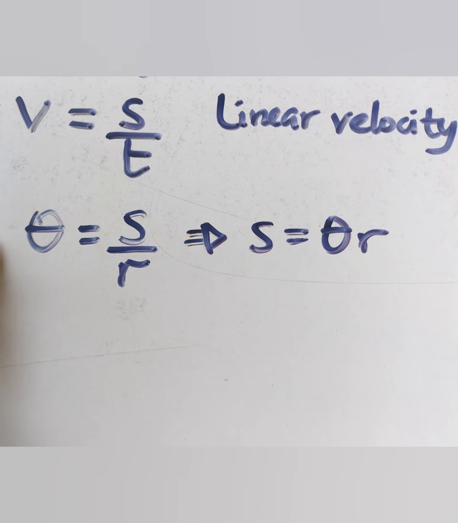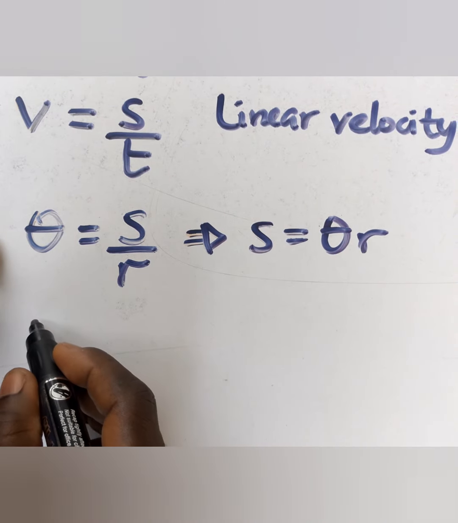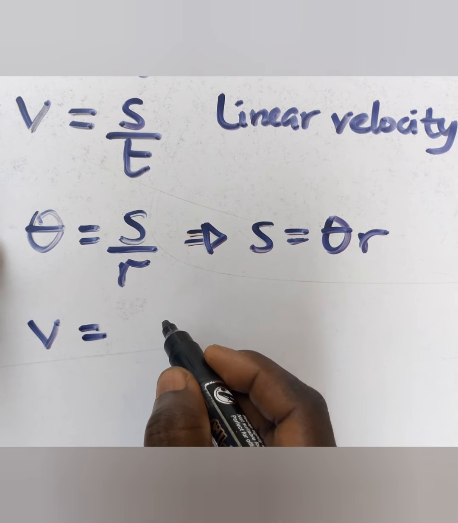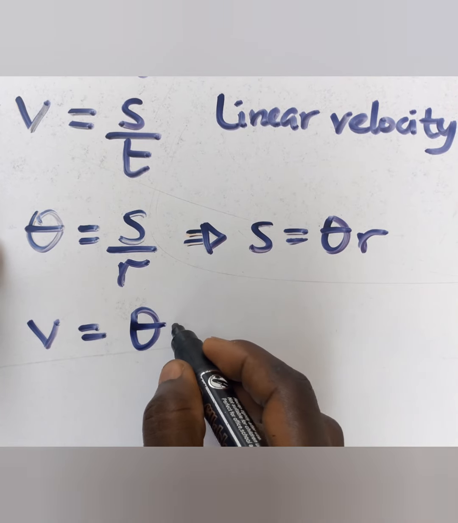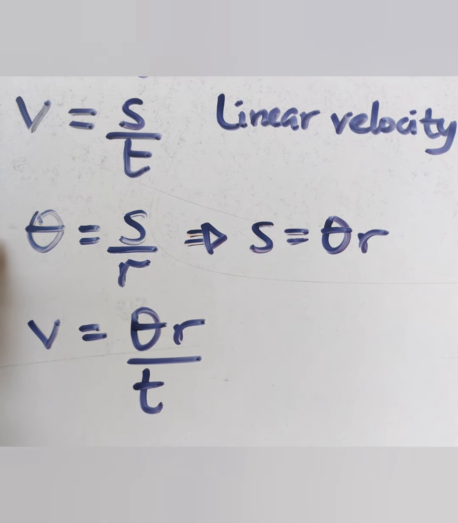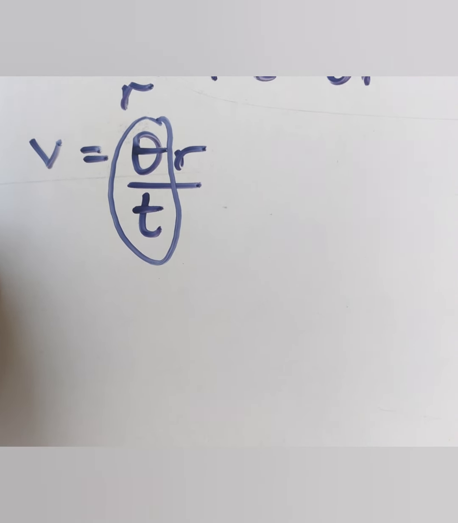So if I substitute this into the formula above, I can write that V is equal to theta R divided by T. But theta divided by T looks like what I know before, and that is my angular velocity.